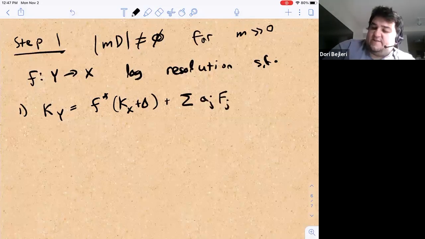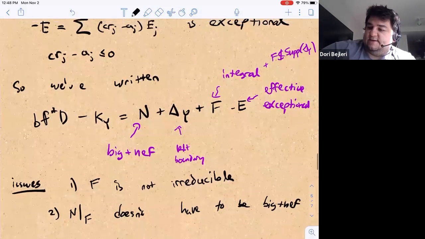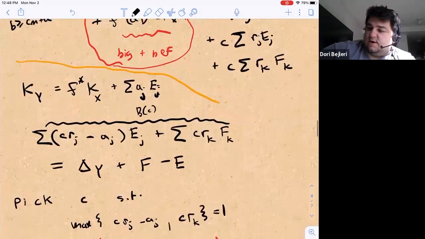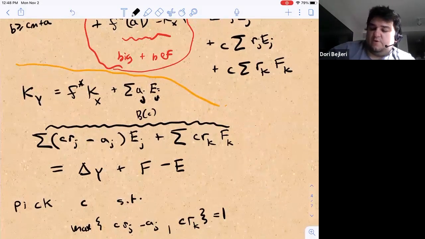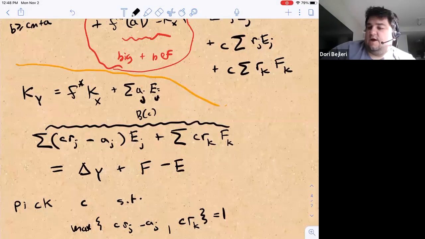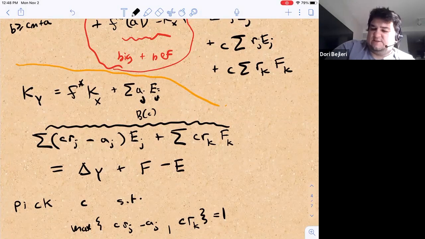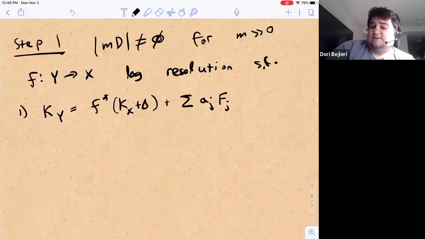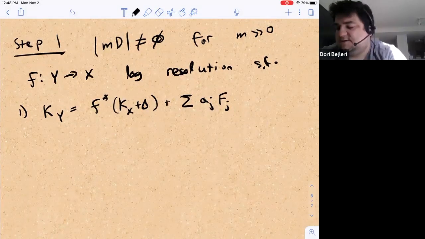Now we have a Δ, so not all of these F's are exceptional anymore, which is why I'm now including what I called E's and F's before, where I broke it up into exceptionals and non-exceptionals, because in the case of no boundary, the discrepancies are only on exceptionals. Now this is just going to run over all our possibly non-exceptional divisors that appear in this discrepancy.